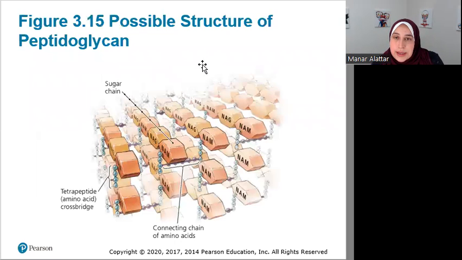So let's look at that sugar component of the cell wall. Okay, the sugar components, or that aggregate of sugars, is called a peptidoglycan cell wall, and it's made up of just alternating NAG and NAM sugar components. Okay, and I'm going to tell you more about NAG and NAM.